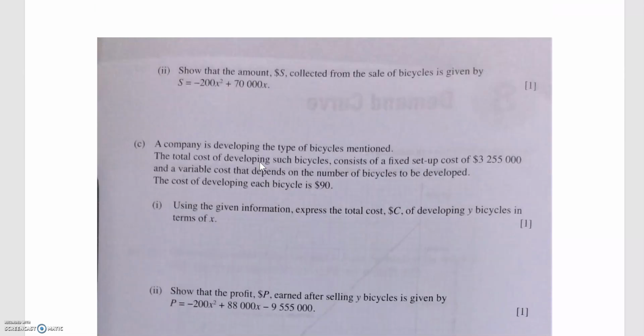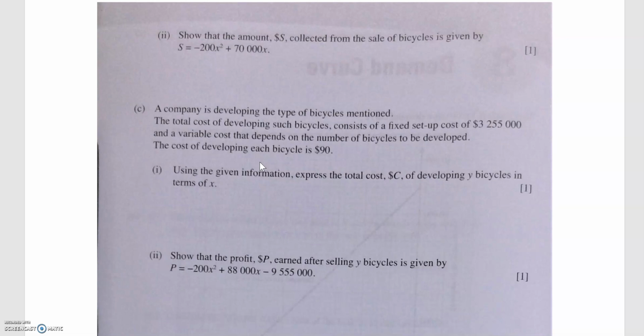Now we have to bear in mind that the amount collected from the sale will actually be the selling price of the bicycle, which is X, multiplied by the number of bicycles sold, which is Y. So the amount collected would actually be X times Y. So S = xy.